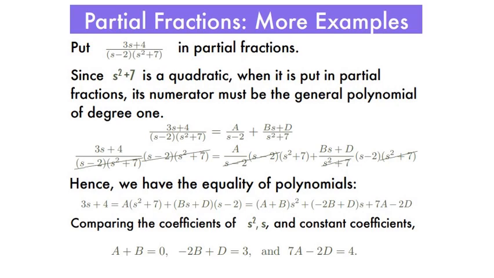You will get three equations. A plus b equal to 0, minus 2b plus d equal to 3, 7a minus 2d is equal to 4. Now a plus b equal to 0 means a equal to minus b. Substitute in the second equation and the third equation and solve it. You will get a, b and d.